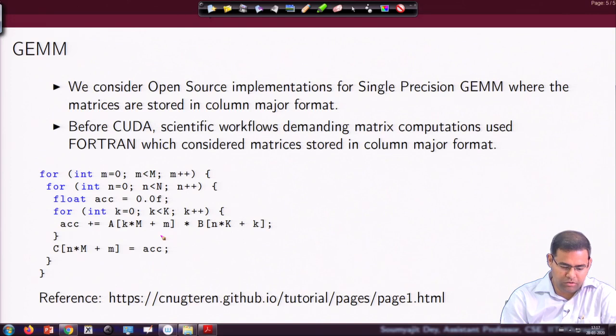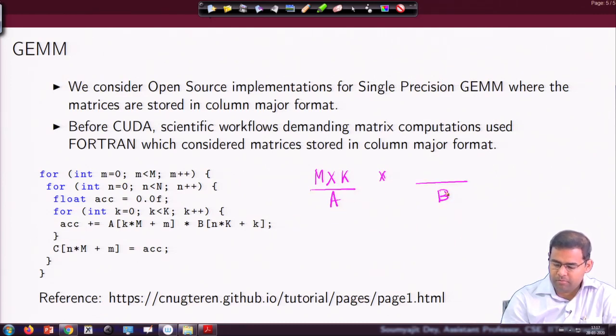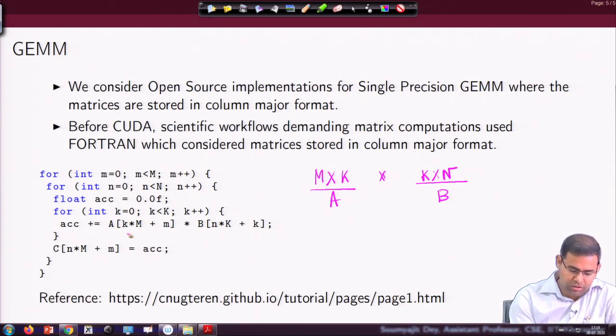So, you are multiplying two matrices, A of dimensions m cross k, and B of dimensions k cross n. You see the access expressions are a bit different, right.